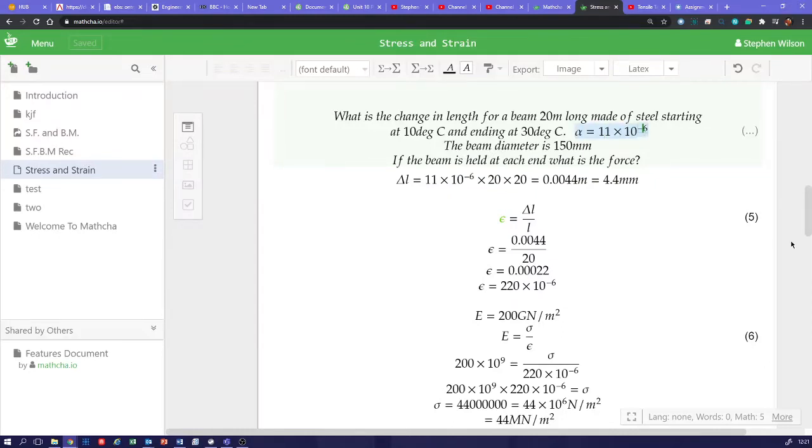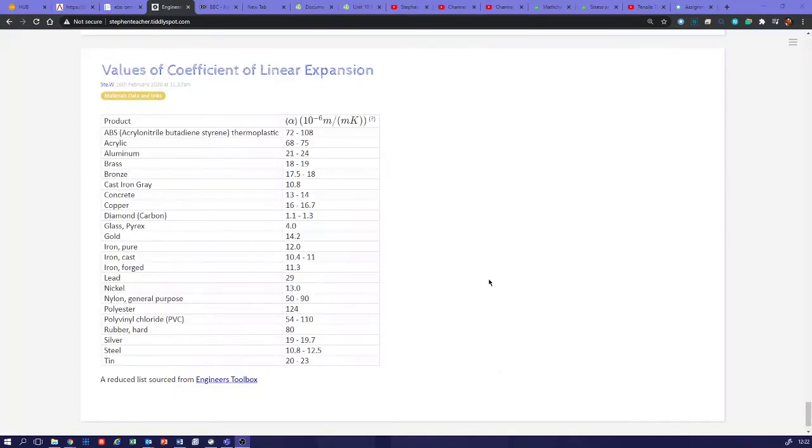Now, just a quick word about alpha. The value of the coefficient of linear expansion is different for each material. If we weren't given that, or if we want to query it, we can look it up on engineering websites. For example, we can see here a list of values of the coefficient of linear expansion.